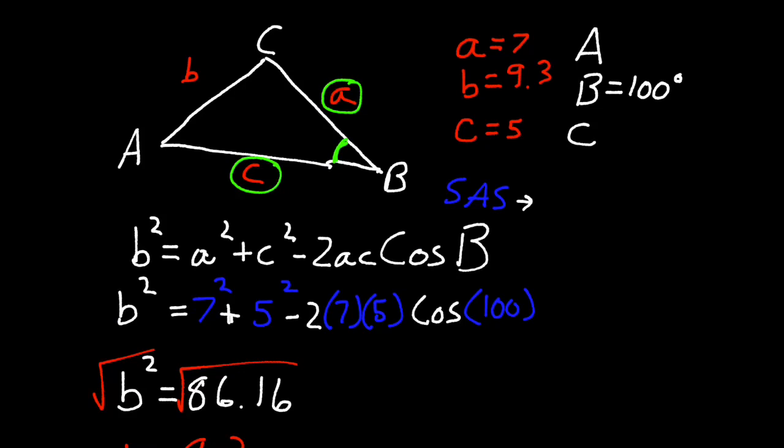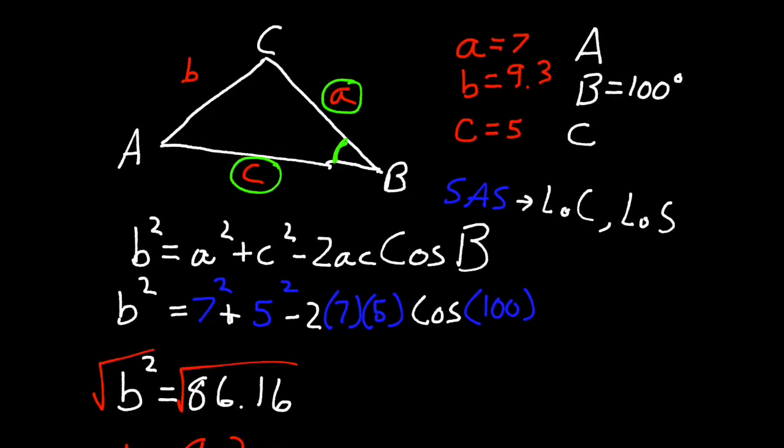We're going to do the law of cosines first. So I'm going to say LOC, law of cosines first. Then we're going to do the law of sines to get the rest. Okay, so when you have a side angle side setup, you're going to do the law of cosines to get the third side. Then you're going to use the law of sines and the proportions to find out the other 2 angles.